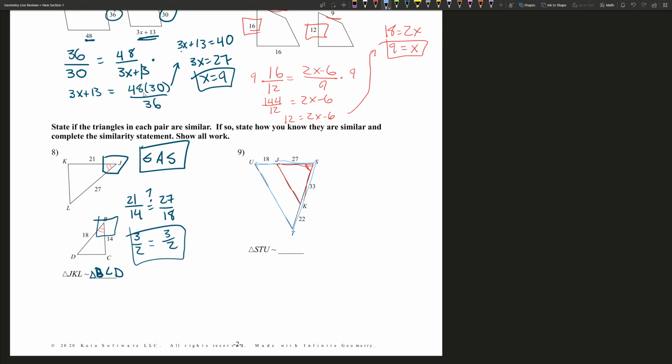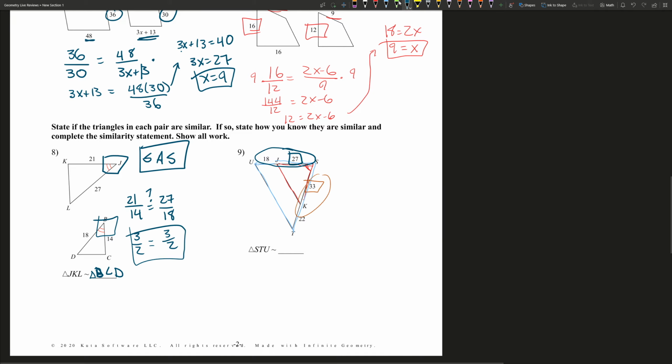But again, back to 9. So we have one angle, and then we need to check that this side corresponds to this entire side, and then this side corresponds to this entire side.